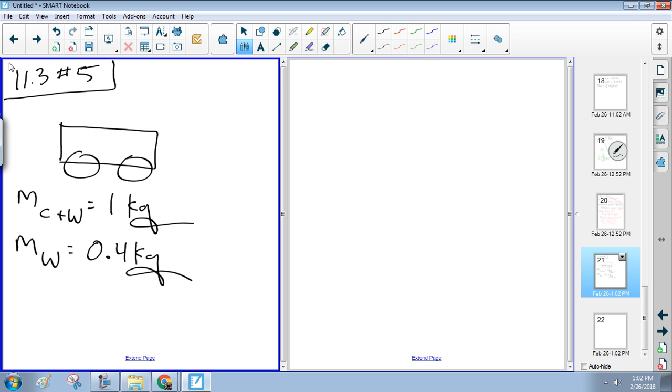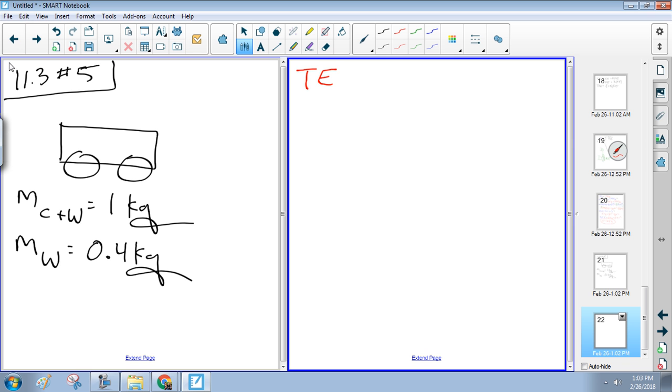So the trick is this: when we're looking at the total energy at any given instant, so here's my cart, do you guys agree that the whole cart has height, therefore the whole cart is going to have GPE? So the total energy is going to be equal to the GPE of the cart plus the wheels, plus the kinetic energy.